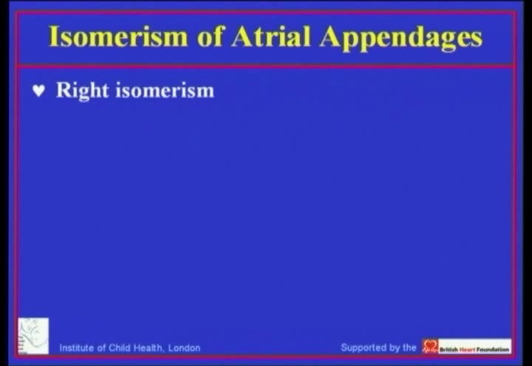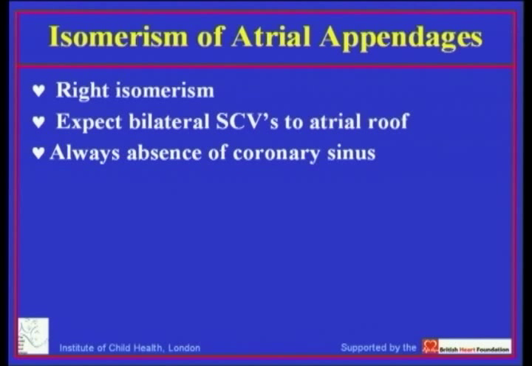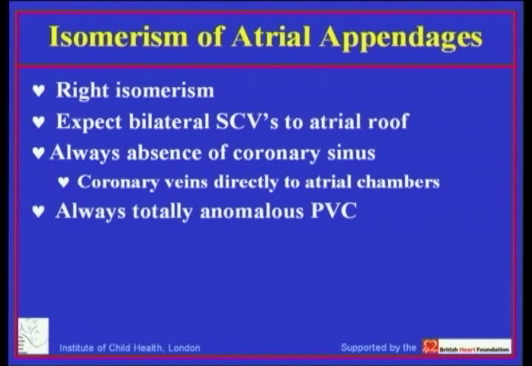So I believe we can stratify visceral heterotaxy into right isomerism and left isomerism. In the setting of right isomerism we would expect bilateral superior caval veins, probably in over half the instances. Always the coronary sinus will be absent, and because of that the coronary veins drain directly to the atrial chambers.